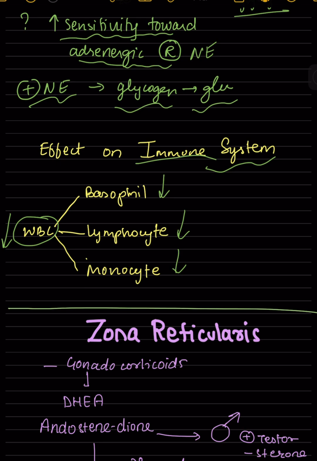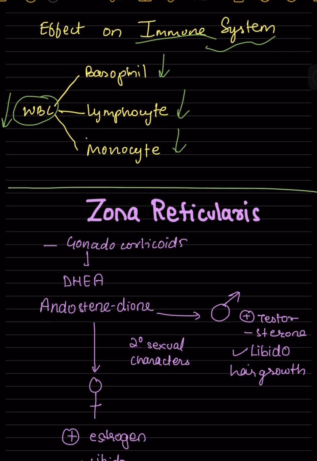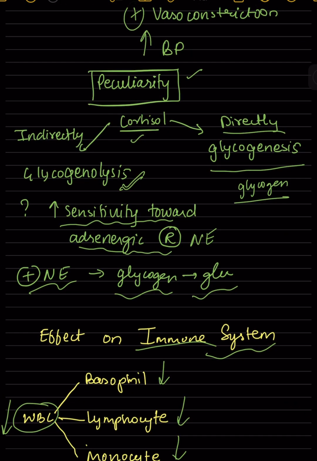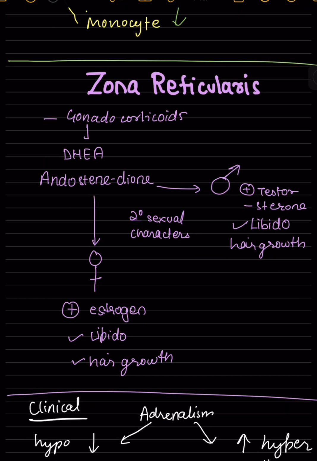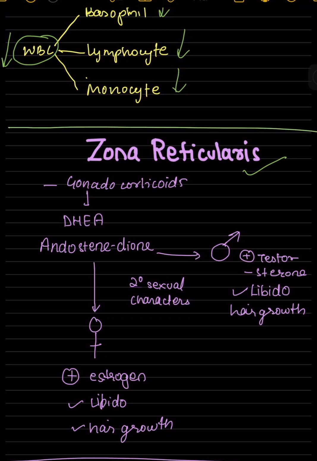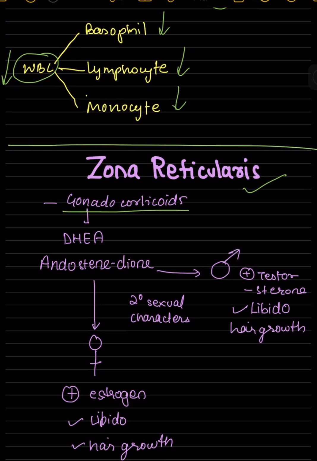Now we have seen the zona G and F. Now comes the R, zona reticularis. Zona reticularis releases gonadocorticoids. There are two main gonadocorticoids, DHEA and androstenedione.